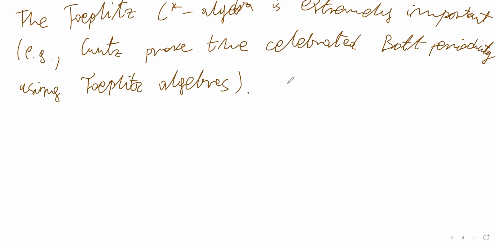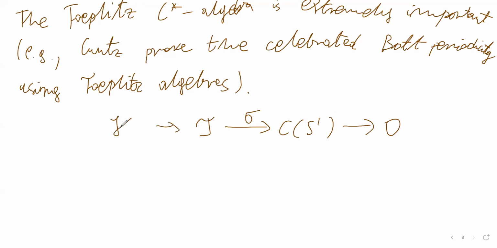Another interesting thing is that this is one of the most recognized short exact sequences of C* algebras, the so-called symbol map, going back to geometry as studied by Toeplitz himself, to continuous functions on the circle, and then the kernel is just the ideal of all compact operators inside. That's one of the most popular short exact sequences of C* algebras.